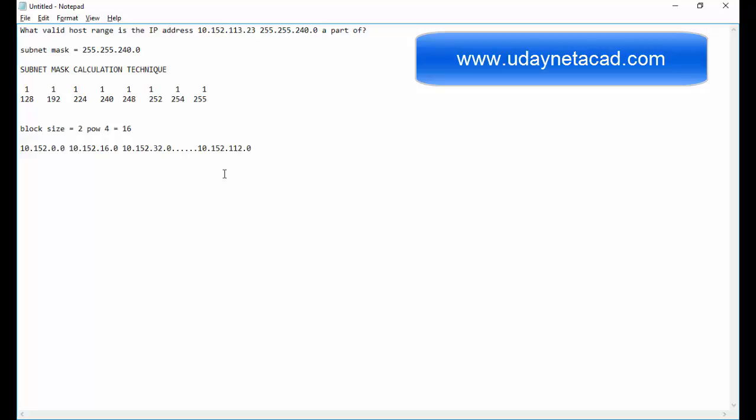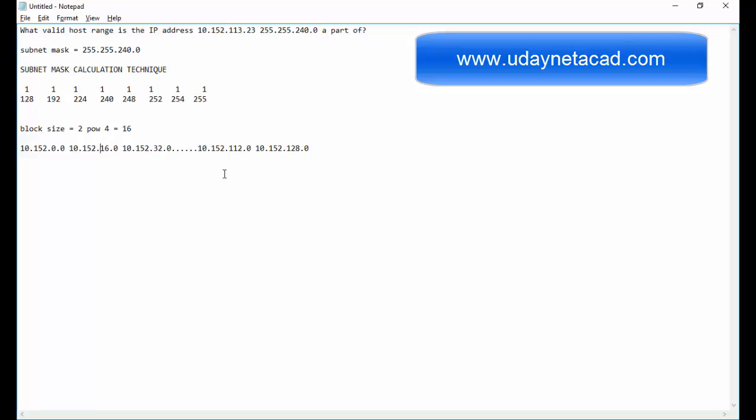10.152.112.0, and then the next block is 10.152.112 plus 16, that's 128.0. So how did we get to this value of 112 here? It's very simple. It's just a multiple of 16.